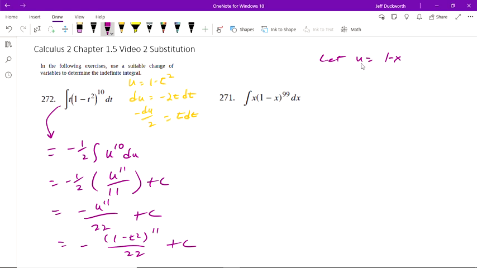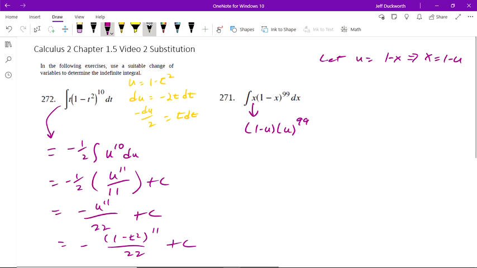But if we just simply solve for x here, this is the same thing as saying x equals 1 minus u. So we can replace this x with 1 minus u. And then we have 1 minus x is u to the 99th power.